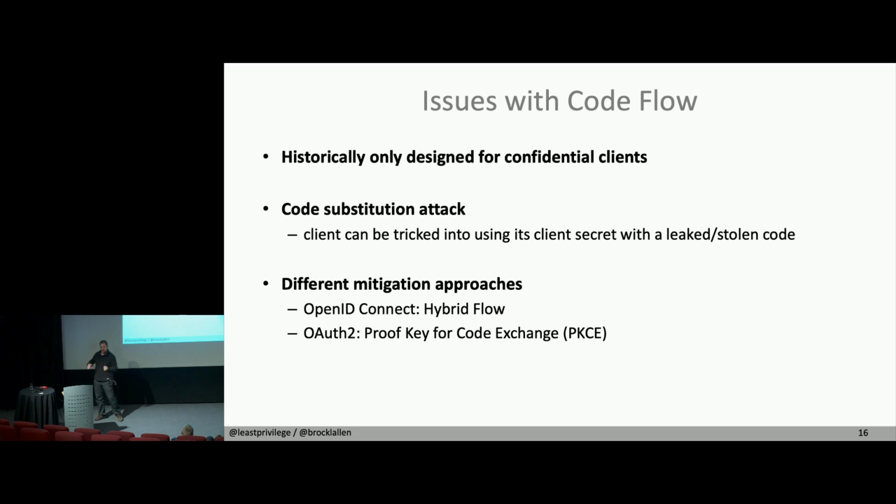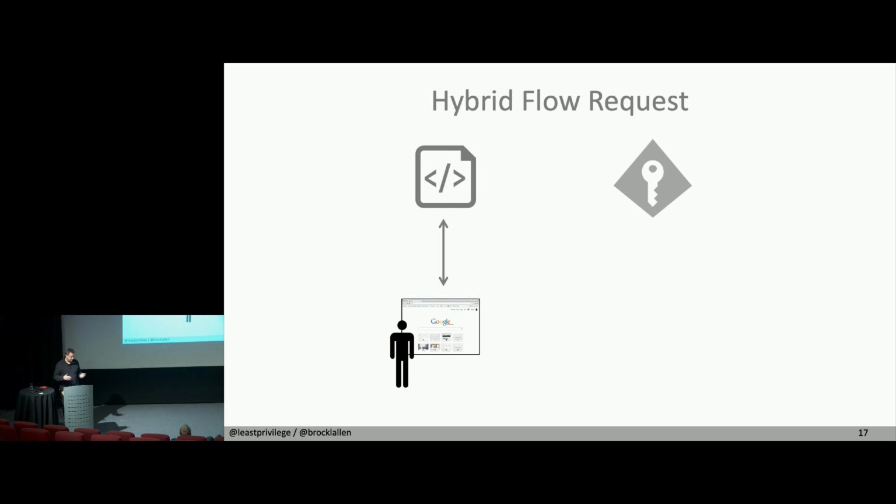OpenID Connect is an extension to OAuth to make it more secure, I guess, and also to constrain some of the possibilities you have to make it more interoperable. The OpenID Connect guys introduced digital signatures to solve the problem. Okay, so we'll talk about this first, and then I'm going to show you the other one, which is also used in many situations.